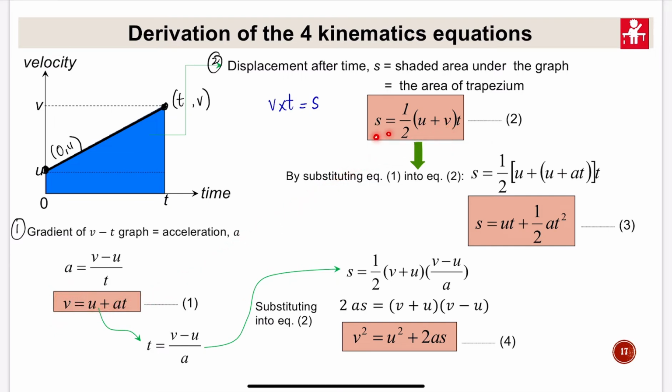So s equals half times u plus the v, which is u plus at, times t. So u plus u, here, 2u plus at, times t.